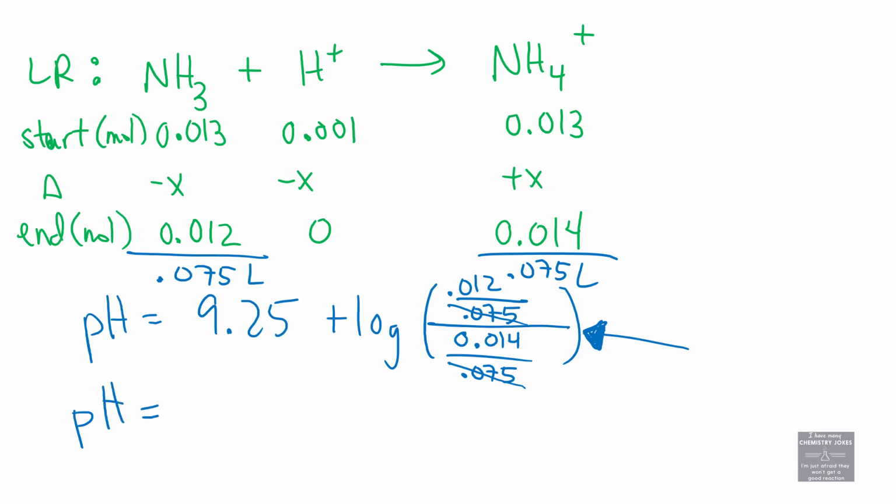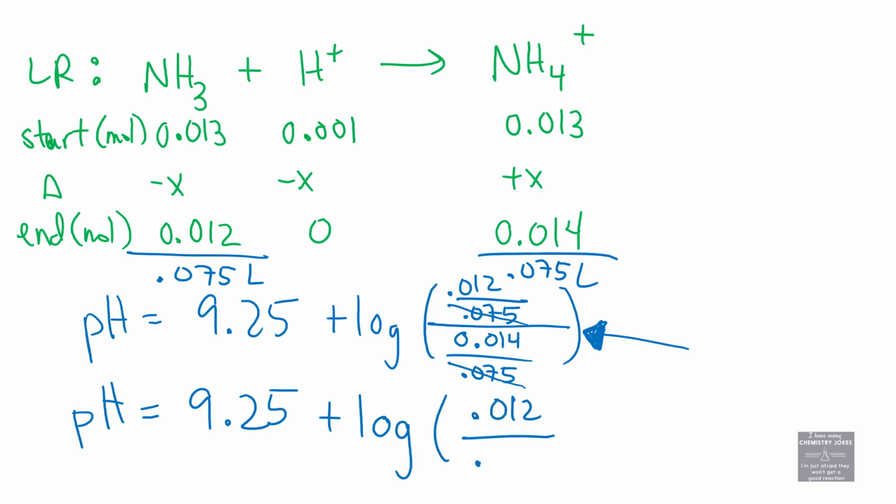If that confused the heck out of you, I'm sorry, but we can turn it into concentration and we can roll with it like that. If you followed along with that, we can plug moles in directly, and we get that the pH, after the addition of 10 milliliters of strong acid, the pH becomes 9.18.